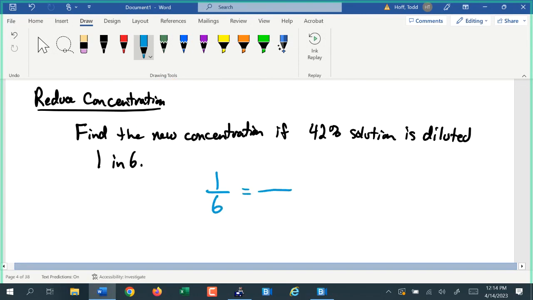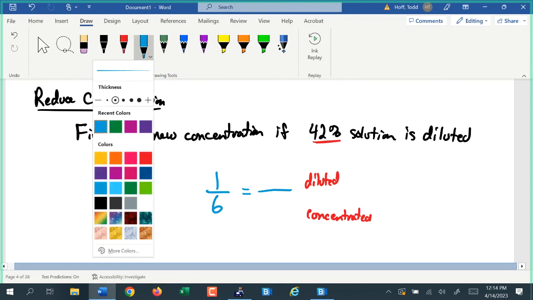And remember, the ratio 1 in 6 is the ratio of the diluted solution to the concentrated solution. So the concentrated solution is going to be the larger percent, the higher concentration. That's the 42%. That's going to go on bottom.